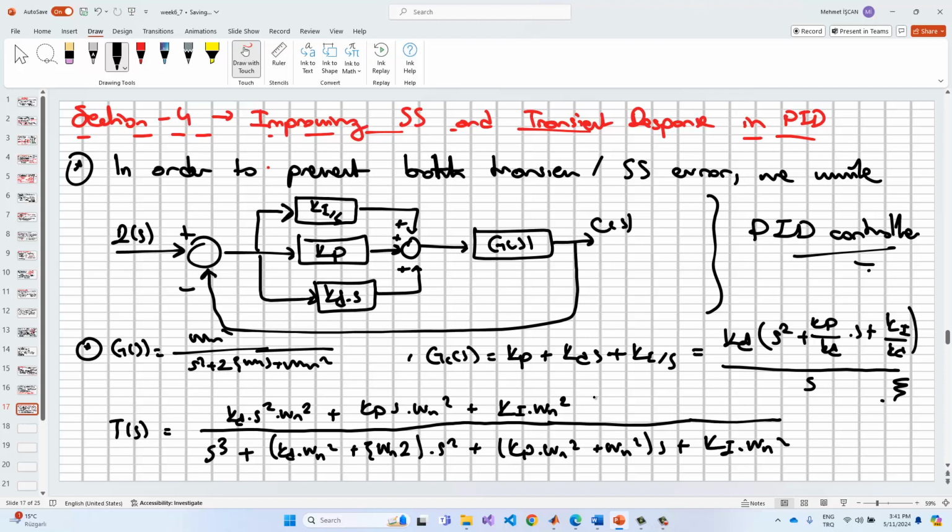Okay, just see that we have the 0 steady state error, and also we can reach all the coefficients of these terms. We can set KI, KP and KD in any way in order to satisfy the transient response properties or the steady state response properties.